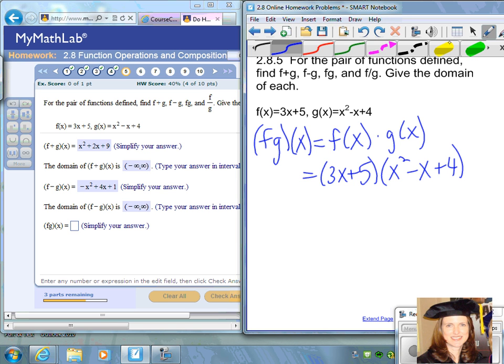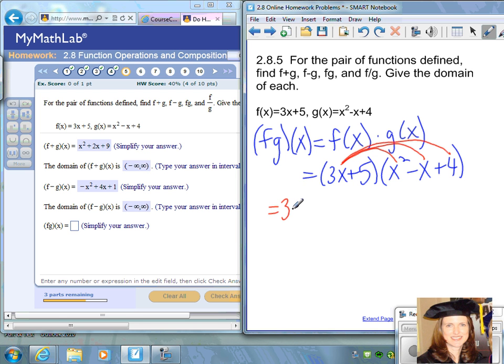Let's do this by first multiplying each of these terms by 3x. It's kind of an extension of FOIL where we first multiply everything times the first term. That's 3 multiplications to get 3x times x squared is 3x to the third. 3x times this minus x is minus 3x squared. 3x times plus 4 is plus 12x.